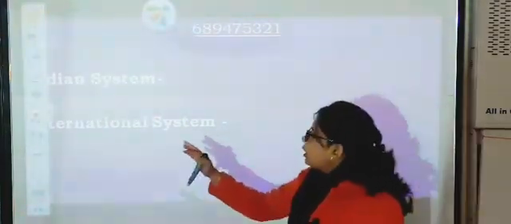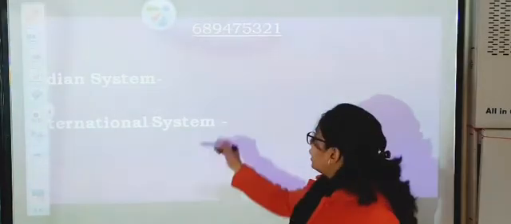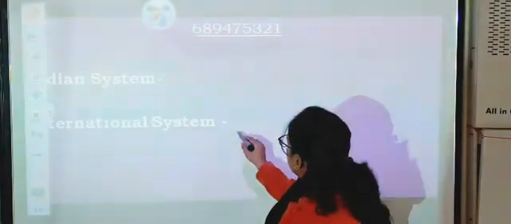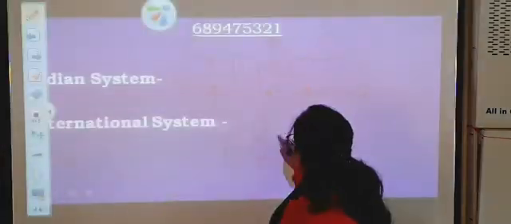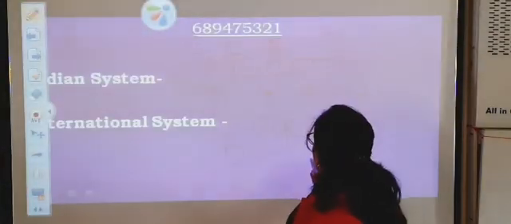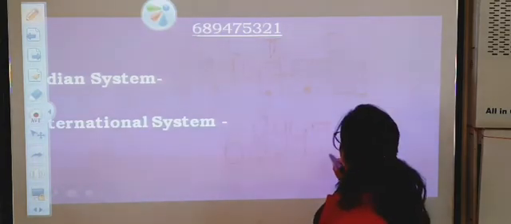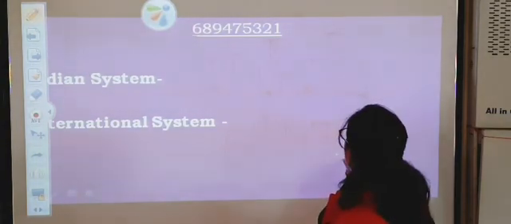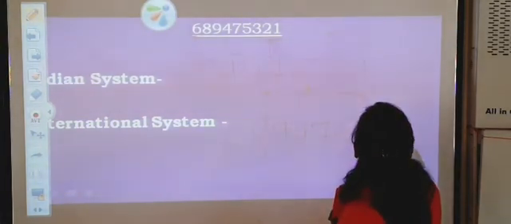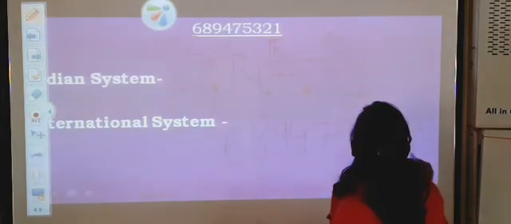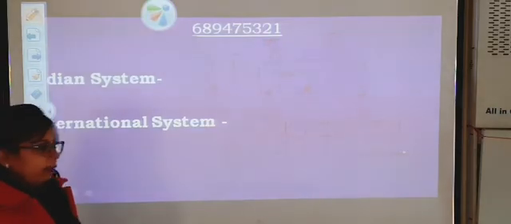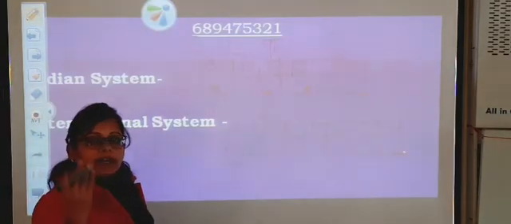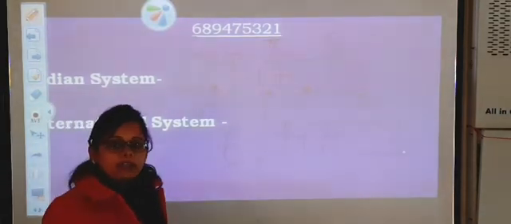Now according to the international number system, again first write the number 6, 8, 9, 4, 7, 5, 3, 2, 1. So children, what do we do in the international number system? In the international number system, we divide the number into groups of 3, 3.